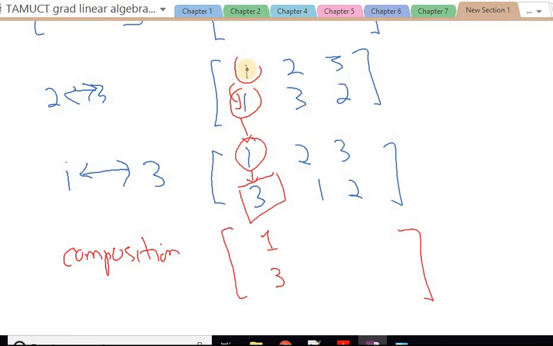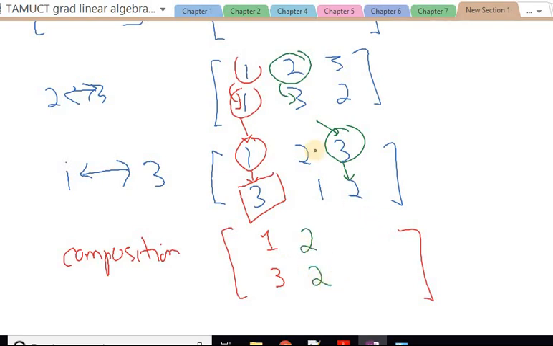All right, what about 2? If I start with 2, let's do a different color because it's pretty. Okay, we start with 2, that goes to 3. Now, after 2 goes to 3, where does it go next? Well, I have to look over here at 3. All right, so from 3, where does it go? It goes to 2. So the 2 ends up going to 2.